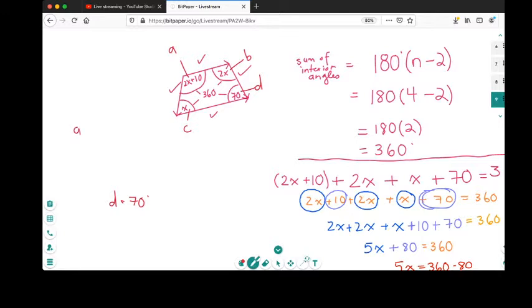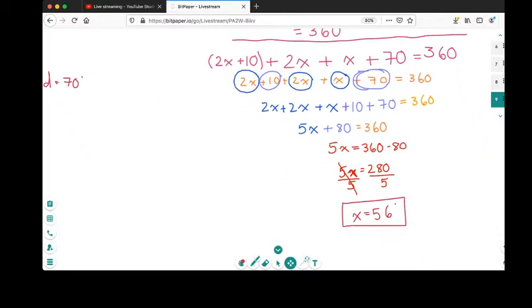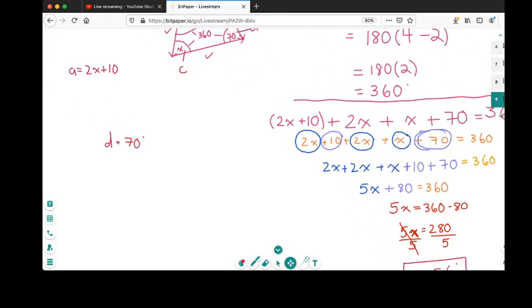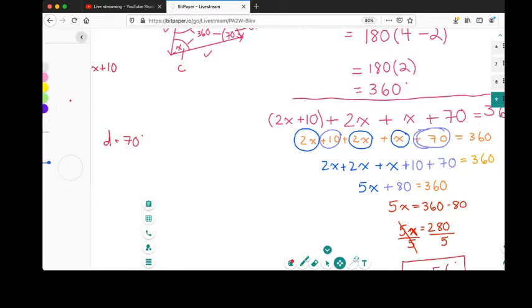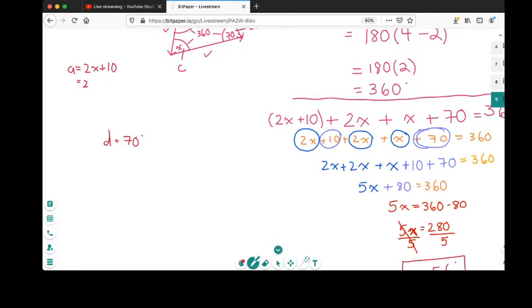Now, in terms of the other ones, let's do them piece by piece. Angle A is equal to 2x plus 10, and we know from our answer over here that x is equal to 56, so I'm just going to plug in 56 there. So this becomes 2 times 56 plus 10, which is equal to 122.